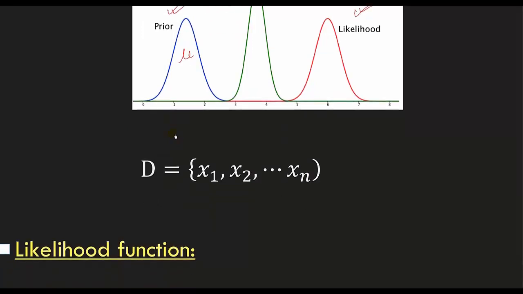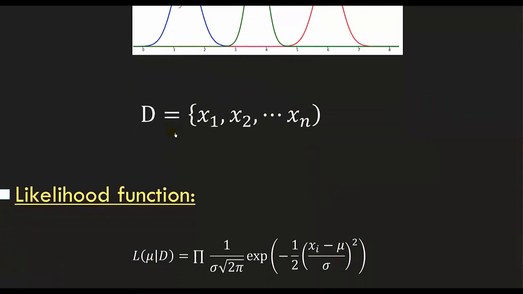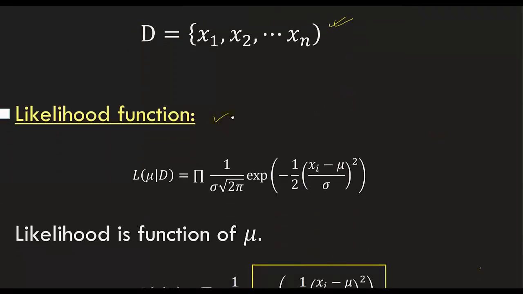We already said the data vector contains x1 to xn, and these all follow a normal distribution. So now we know the distribution for xi, and then we can calculate the likelihood function. If you remember, the likelihood function is nothing but the product of f(x1), f(x2) up to f(xn), and each has a normal distribution.